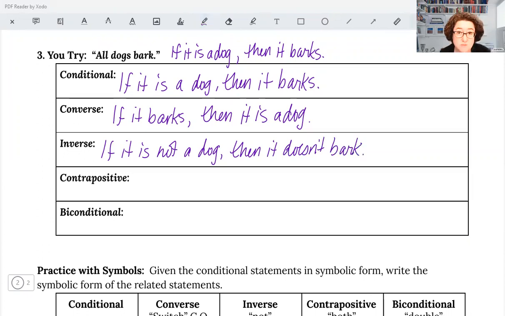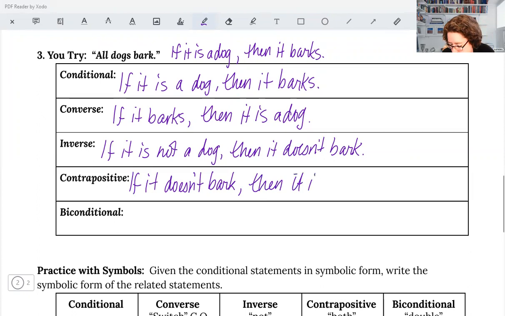Again, not true. Seals can bark. Humans can bark, although it's a little bit odd when they do, but that's okay. Contrapositive, switch and flip. So if it doesn't bark, then it is not a dog.